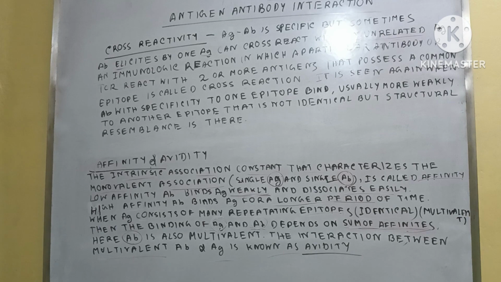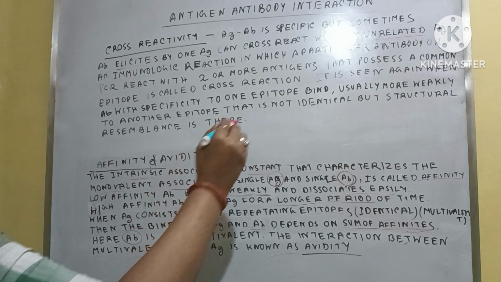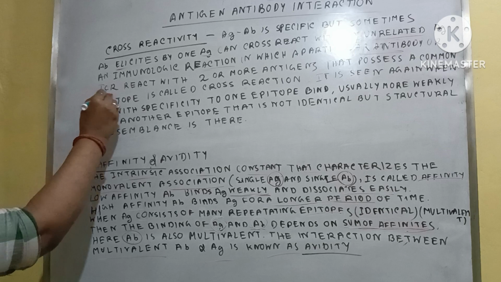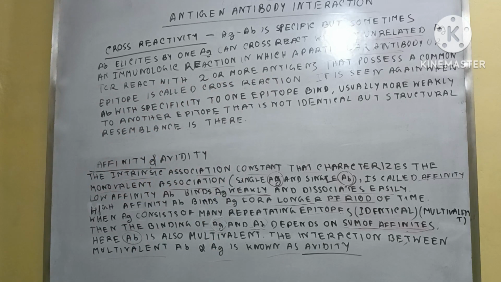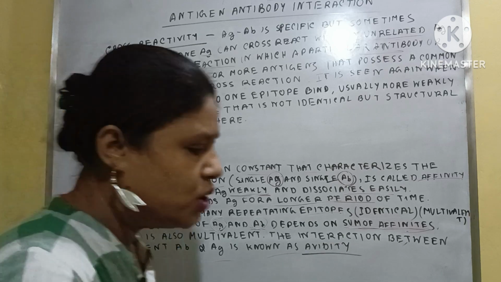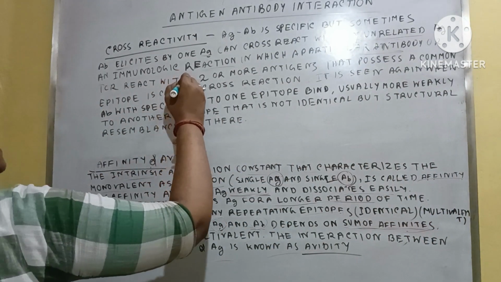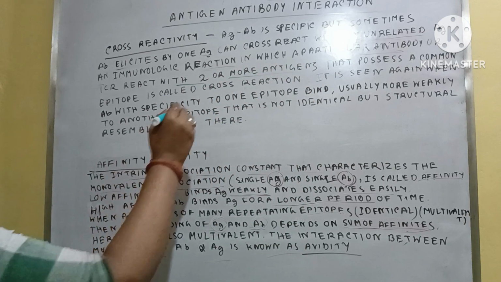So in that situation the immunologic reaction is seen where a particular antibody or TCR reacts with two or more antigens. In that situation, this is called the cross reaction.